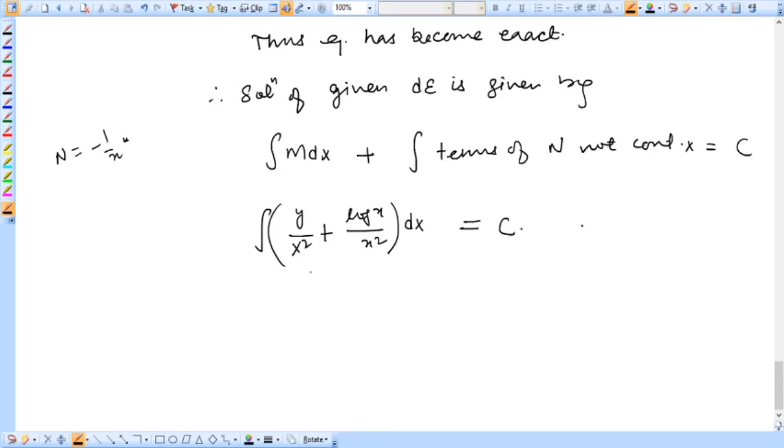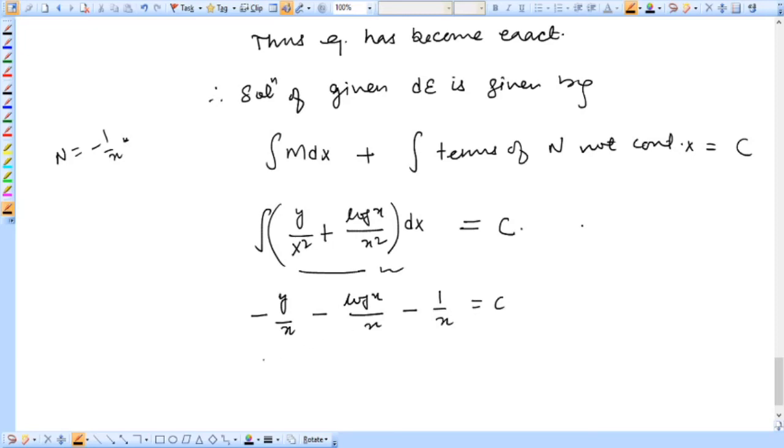And the integration of this thing, we have seen already, is equal to minus y over x minus 1 over x minus log x over x minus 1 over x, because we have integrated it in the earlier solution, right?